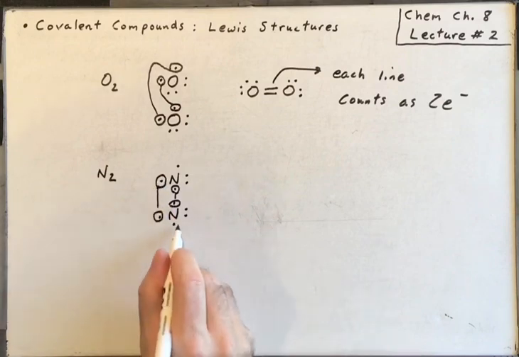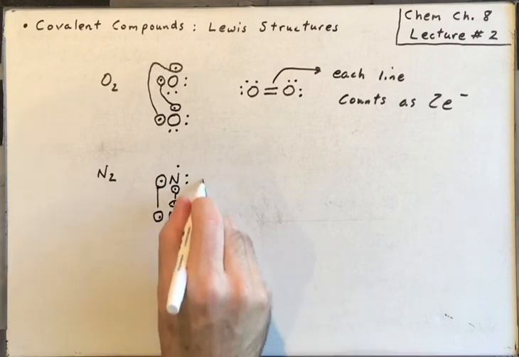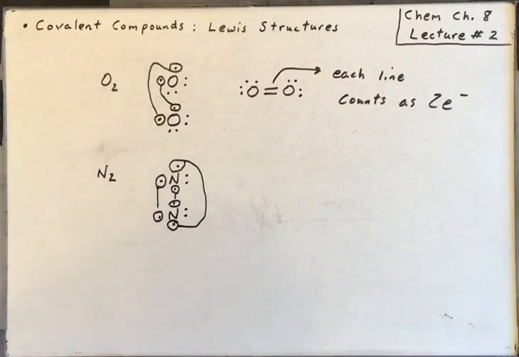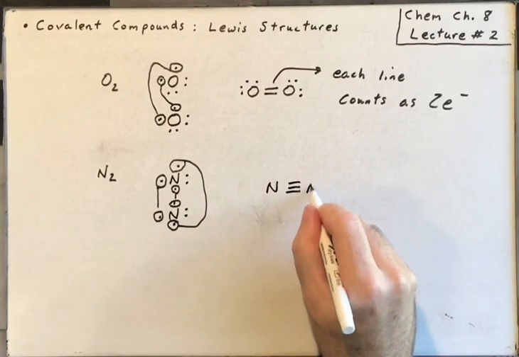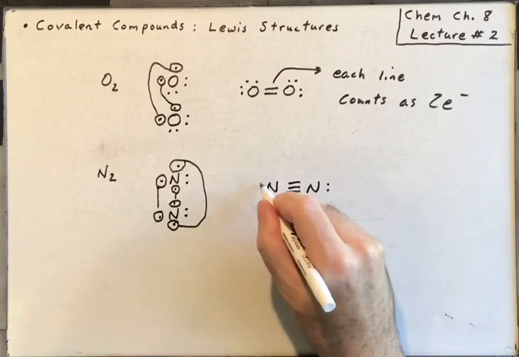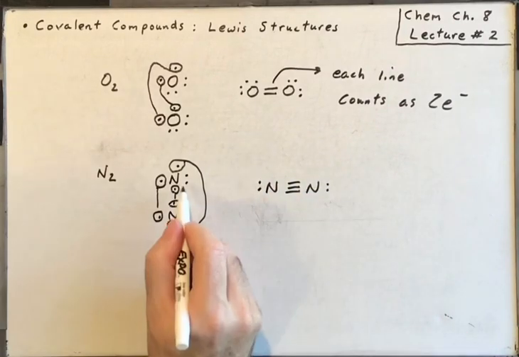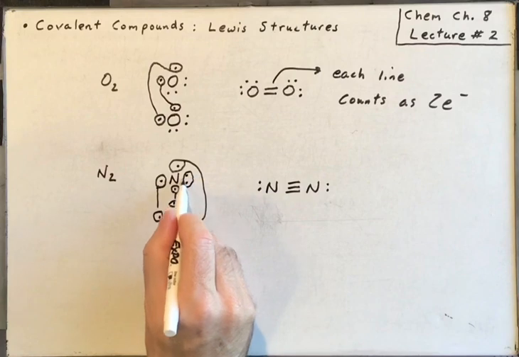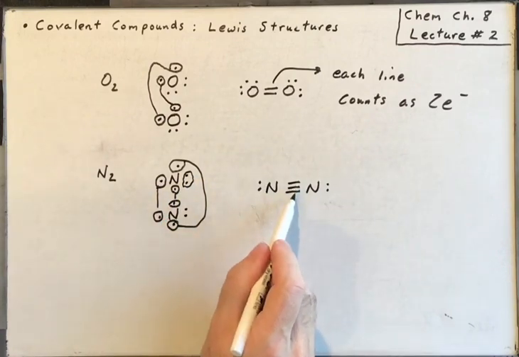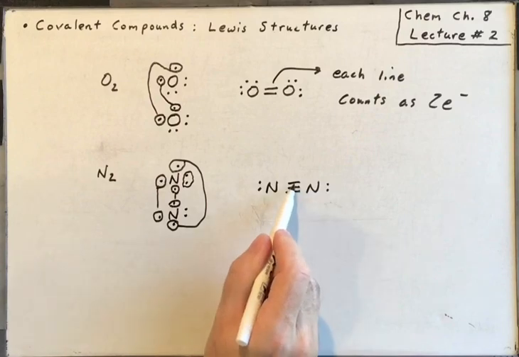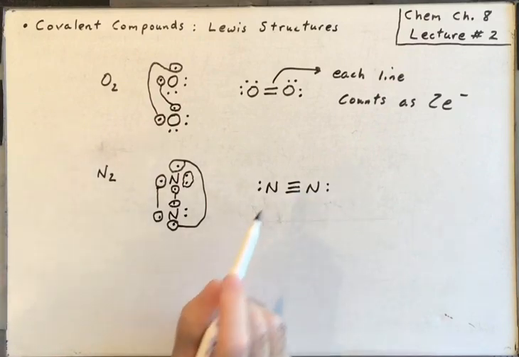Could have a share there. And a share there. So that would make a triple bond. But don't forget about that electron pair, that each nitrogen has an electron pair that you have to continue to show on each one. So 2, 4, 6, 8, 2, 4, 6, 8.